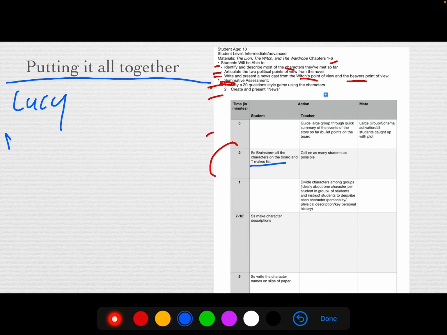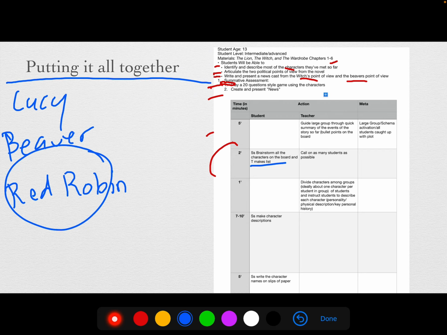They'll go Beaver. Someone will suggest, oh, the Red Robin. And I don't know if you remember this, I think it's chapter 5 or 6, where all 4 children are in Narnia and they start to follow this Red Robin, and the Red Robin leads them to the beaver house. So not a huge character, but that's okay. If somebody names the Red Robin, great, put it on the board.